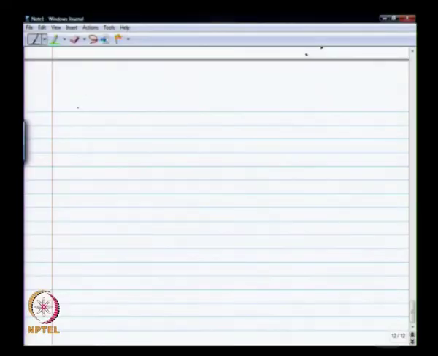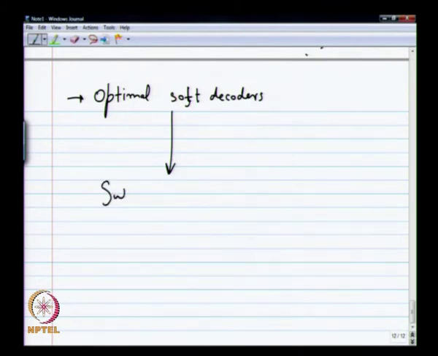So to summarize in the couple of minutes that we have, we want to move from optimal soft decoders to suboptimal soft decoders. And the crucial thing here is the parity check matrix.